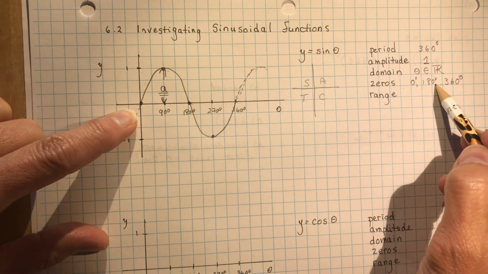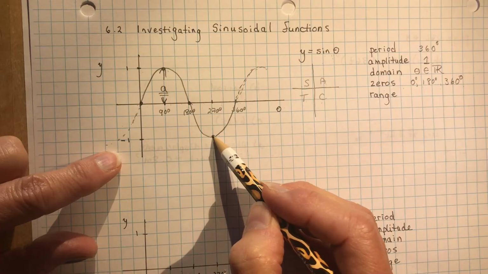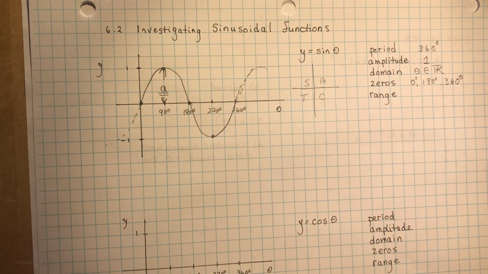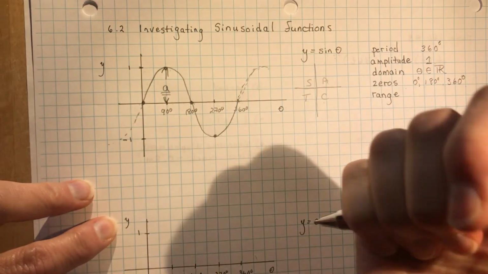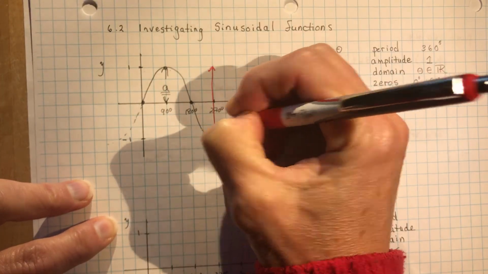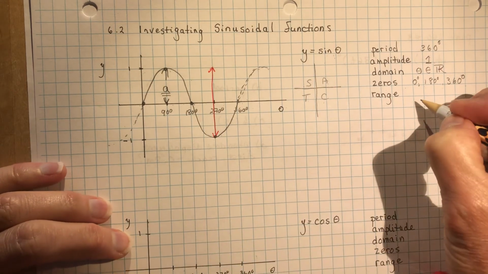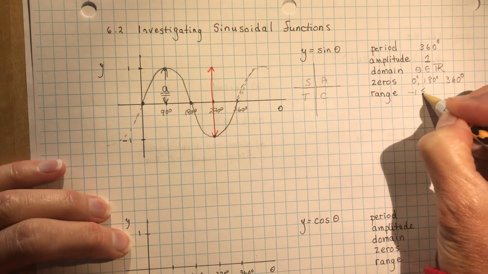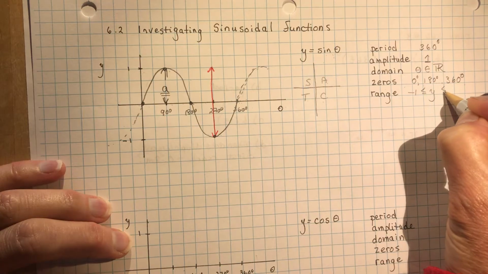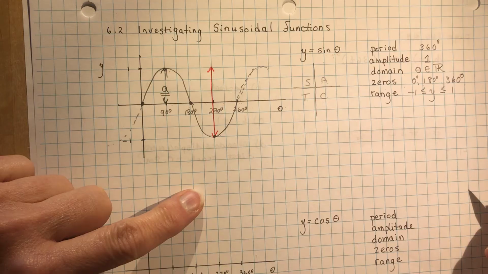Times 2, times 3, times 4, times 5. What is the range? The range goes from how high and how low does it go? So the range is this part now, right? From here to here. So that's when you have your plus or -1. So the range is -1 less than or equal to y less than or equal to 1. So it goes from plus to -1.